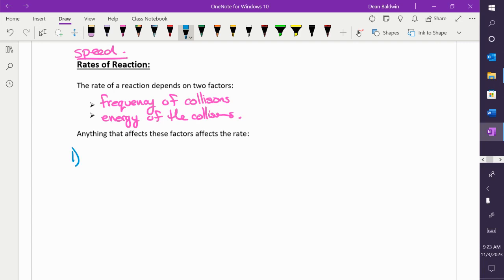Increase the temperature. If you increase the temperature of a reaction, the molecules move faster, they hit more often, and they hit with more energy. So increase the temperature.